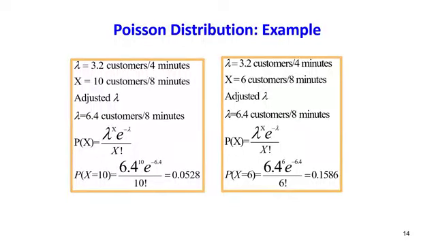And now I want to predict the probability that 10 customers per 8 minutes would enter my store. It is a little bit hypothetical. Nobody measures per 4 minutes or per 8 minutes. You can consider it as per 1 hour or per 2 hours, or per 5 minutes or 10 minutes. So you can change the scenario.